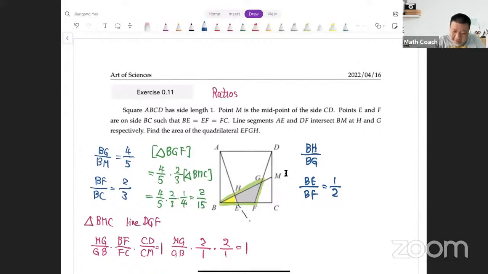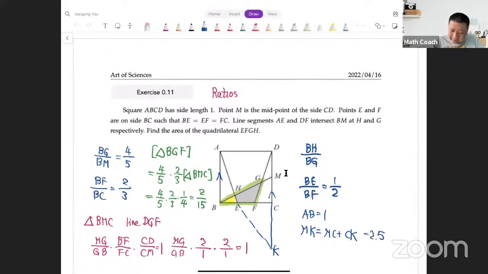If I extend here, now I see this is K. Then we have parallel lines. So AB is 1, right? MK is what? Because AB is 1, MK would be MC plus CK. Because BE over EC is 1/2, CK has to be 2. This will be 2.5. Which means AB to MK is 1 to 2.5.